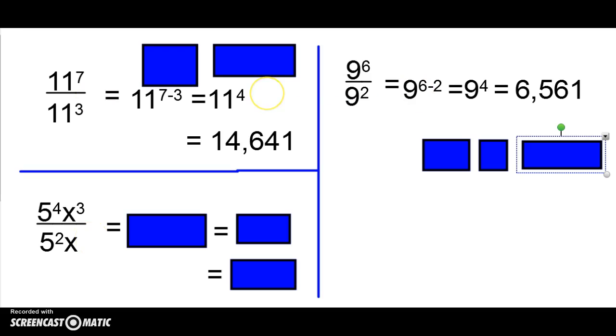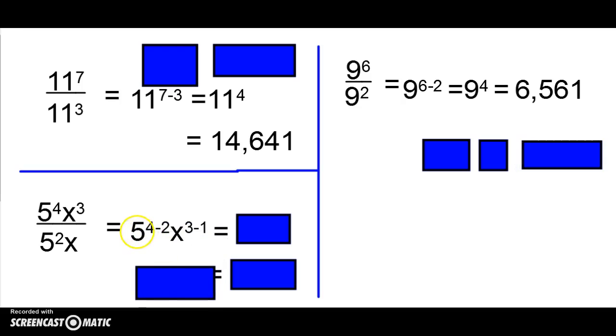All right, now here's a good one. The top two, I think we've done so many like that, I think you're good. But here, keep in mind you'd solve the 5 to the 4th divided by 5 squared because they have the common base. So you would say 5, and the exponent would be 4 minus 2.